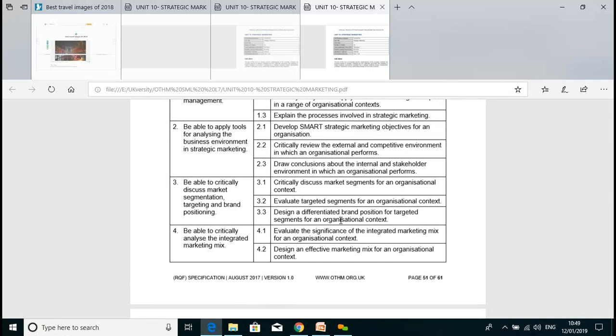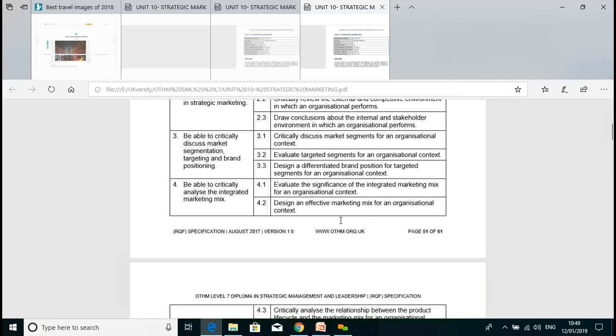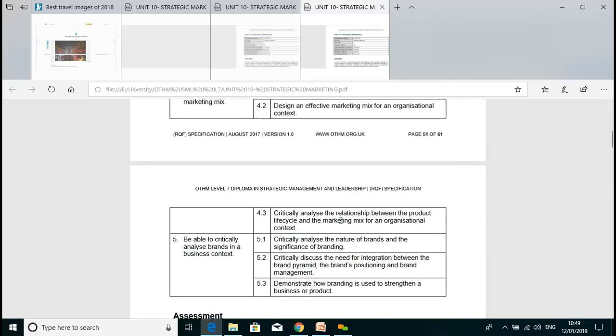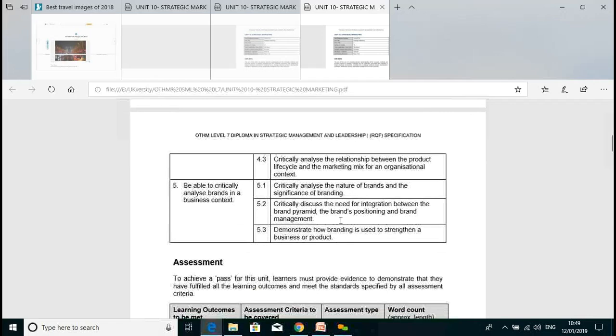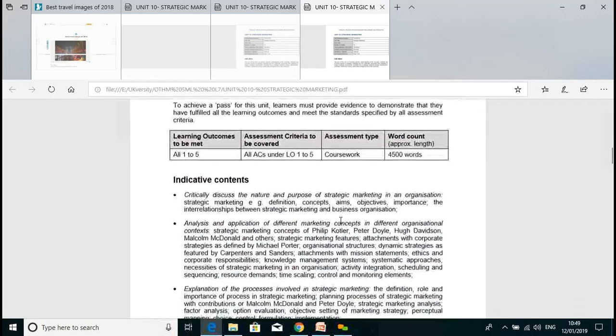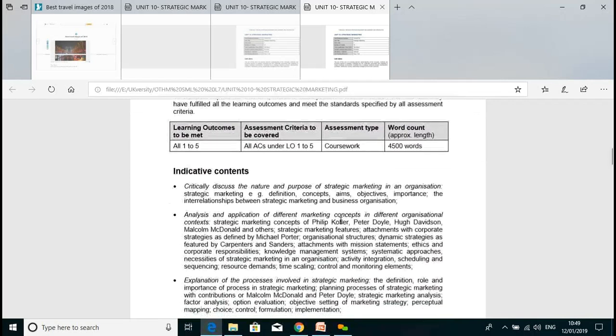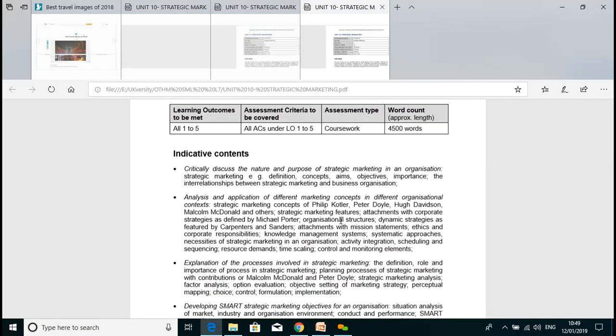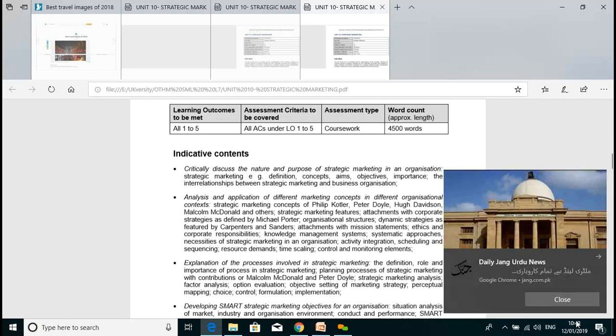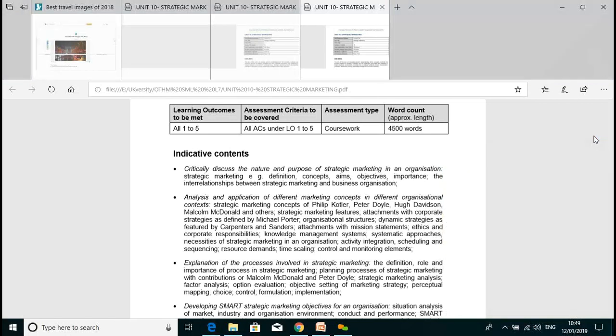There are 5 learning outcomes, so we'll try to finish in 5 lessons. All these are indicative contents which we're supposed to learn. Each lesson will pick things under each indicative content which is linked with the learning outcome.